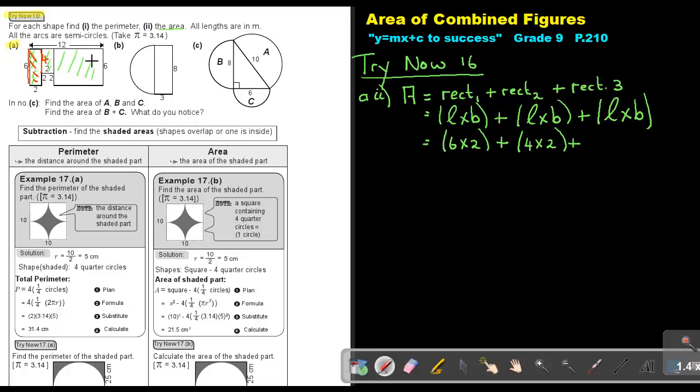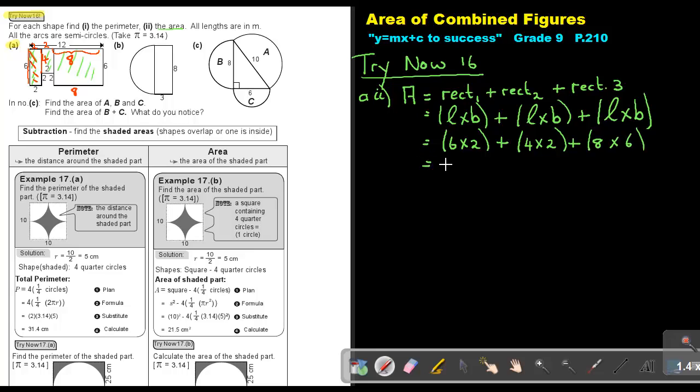Plus, and now this one, now if we look again, this is 12. But this is 2 and 2. So if I want to find this part, I can just say 12 minus 2, and that will be 8. And then basically, it's going to be 8 times 6.